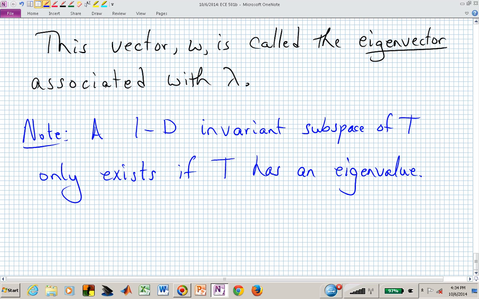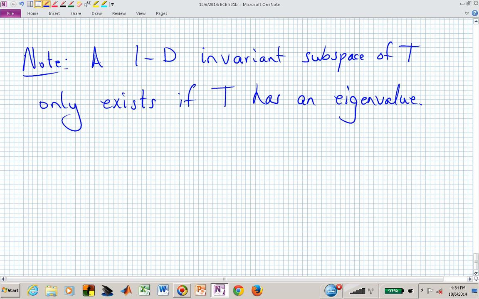If we can't find such an eigenvalue, then we do not have a one-dimensional invariant subspace, or we won't have an eigenvector for that particular linear map. Now, we can write this eigenvalue-eigenvector relationship, Tw is equal to lambda w, by pulling everything over to the other side.